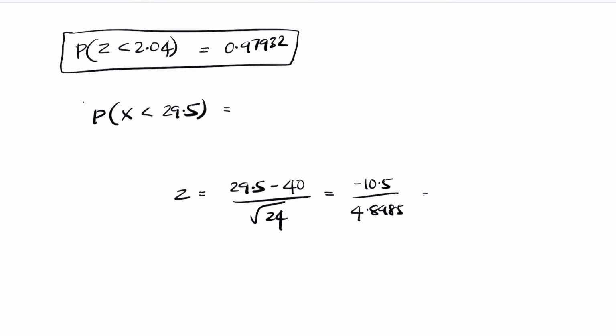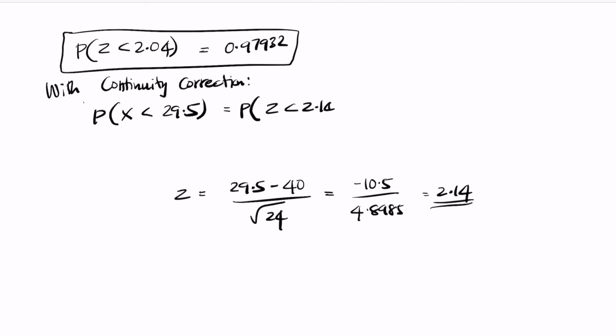So that value becomes 2.14. Notice the change in the Z value is a major change. Now write down this value. This is with continuity correction. So P of Z less than 2.14.